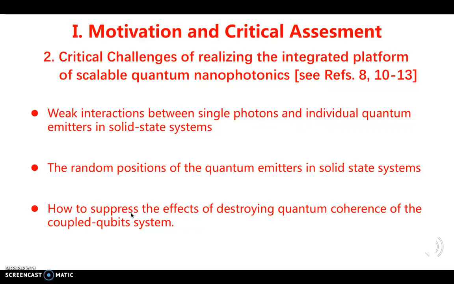And the difficulties include the random positions of the quantum emitters in solid-state systems, which makes the realization of scalable devices with multiple emitters difficult, and how to suppress the effects that destroy the quantum coherence of the coupled qubit systems, such as inhomogeneous distribution, rapid decoherence, and significant spectral diffusion in optical transitions.